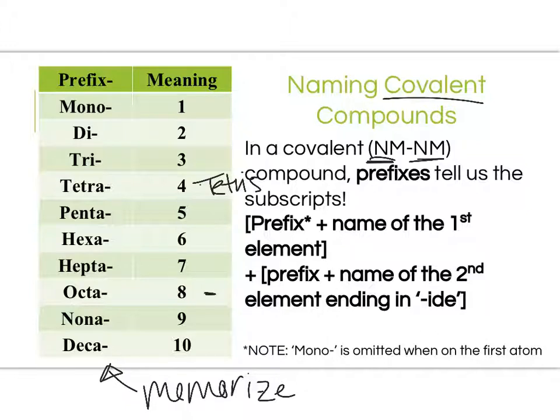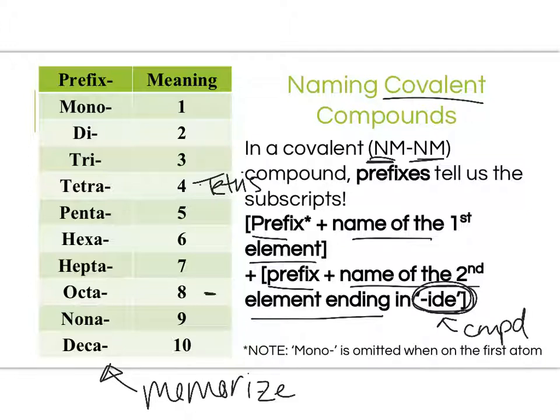Okay? The setup for how we write names, okay, we will write the prefix depending on how many of that element there are in the formula with the name of the first element. And then paired with that, we're going to put a prefix and the name of the second element ending in "ide." Remember, that's the cue that we are dealing with a compound here. That's what tells us that these two things are chemically connected to each other.